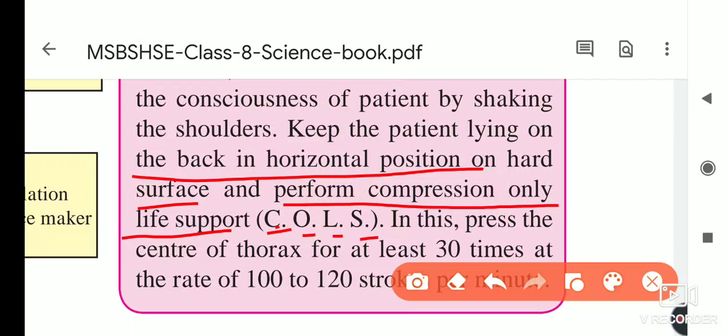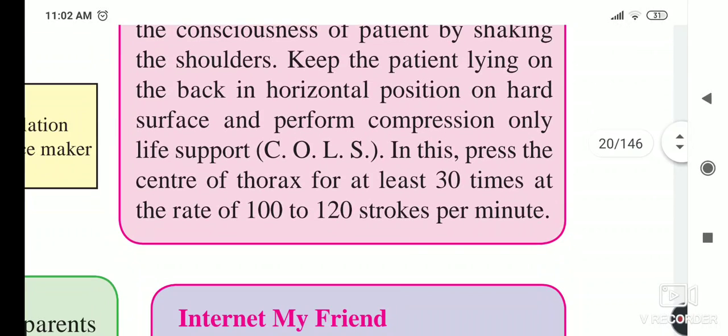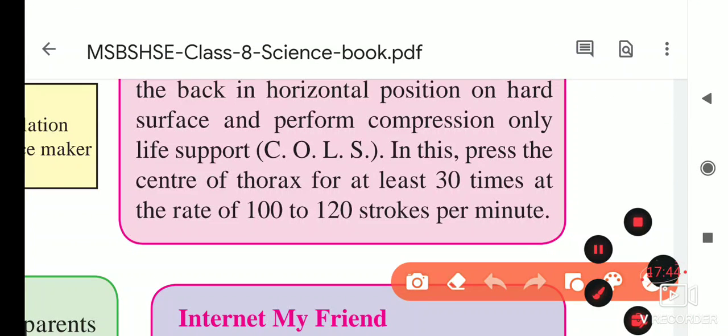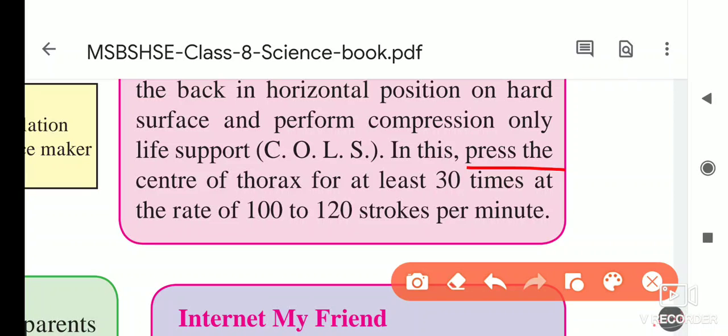In this, we have to press the center of the thorax at least 30 times at a rate of 100 to 120 strokes per minute.